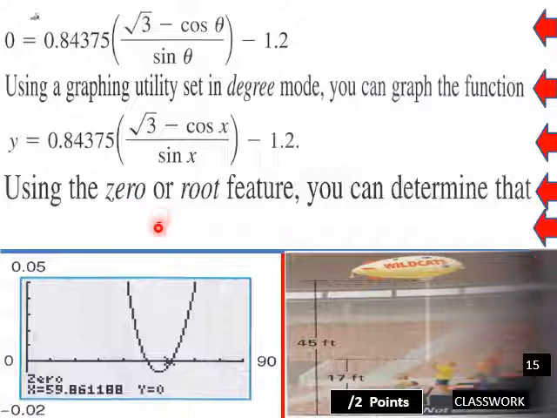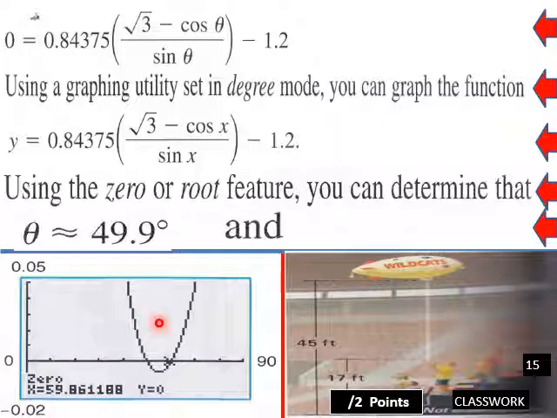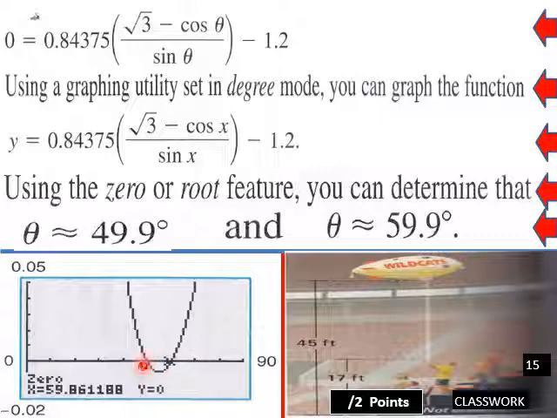Using the 0 root, you can determine that theta in this situation is approximately 49.9 degrees. That will be your theta here, and theta would also equal 59.9. So you have a 0 here at 49.9, and then a 0 over here at 59.9.